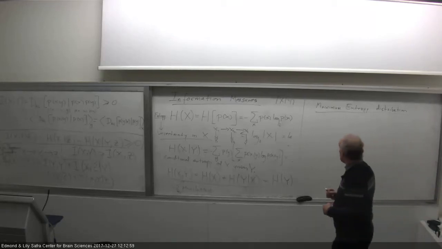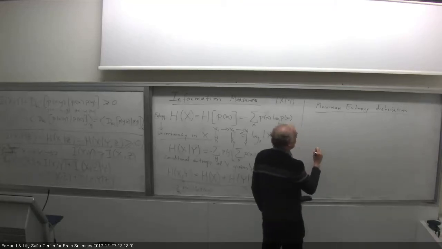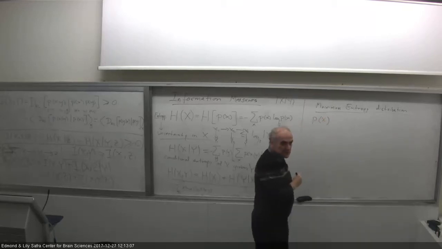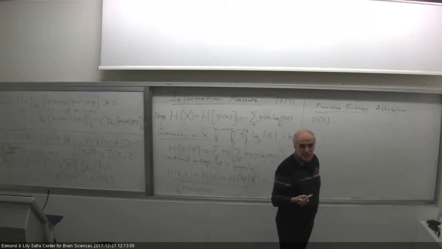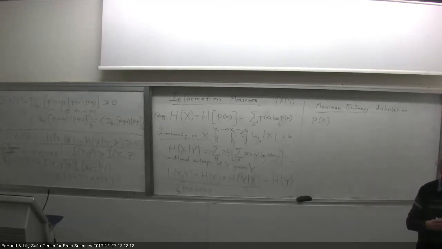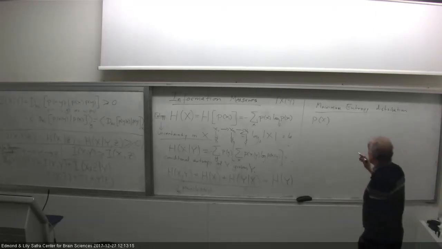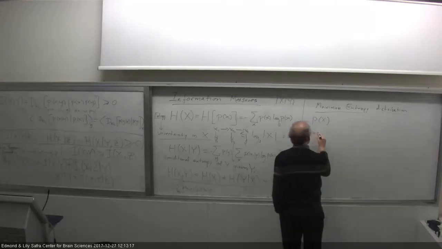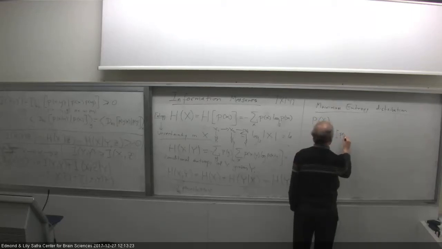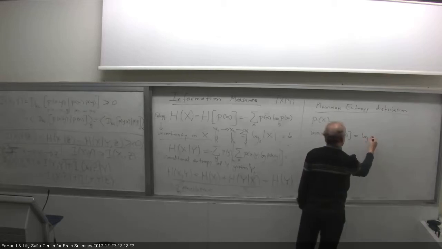Now, in general, I can ask, given a variable x which has a distribution p of x, what is the maximum entropy distribution subject to something? We already know that if we don't know anything, the maximum of H of p of x is exactly log the cardinality of x.